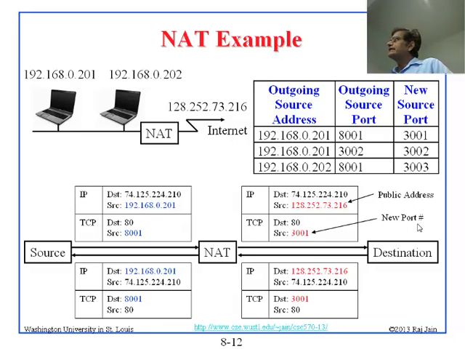Okay, and that is the key. So now when the NAT gets this packet, it looks at 3001 and looks at that entry and says, oh, this actually came from 201 with the port of 8001. It changes those two fields, putting the destination of 201 and the port of 8001. So now you see, the source does not know that it really went through NAT, because it got a similar thing back.